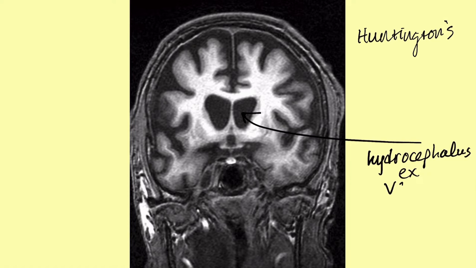And so it's not hydrocephalus, but it looks like hydrocephalus because you have a degeneration of the caudate and putamen. So the caudate and putamen are supposed to be right here and taking up this space, but because they degenerate, it causes the ventricles to get enlarged, making it look like you have a hydrocephalus. Notice also here you have pretty significant cortical atrophy.